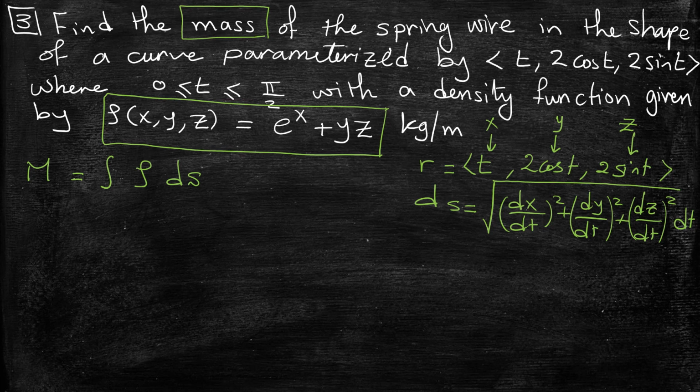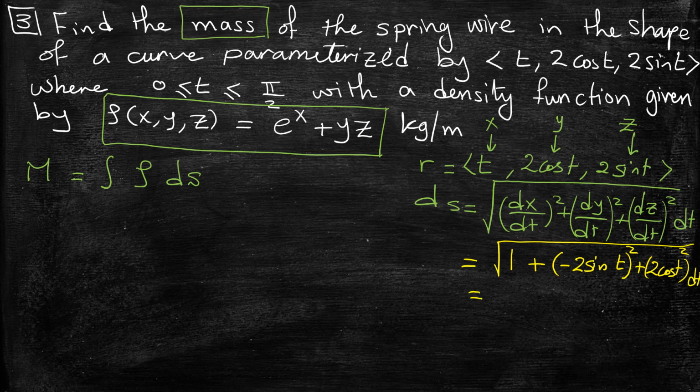To substitute with these values, this will be 1, and this will be minus 2 sine t squared, and the other term will be 2 cosine t squared, and again the square root dt.